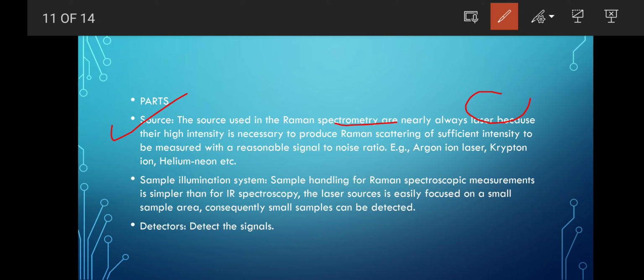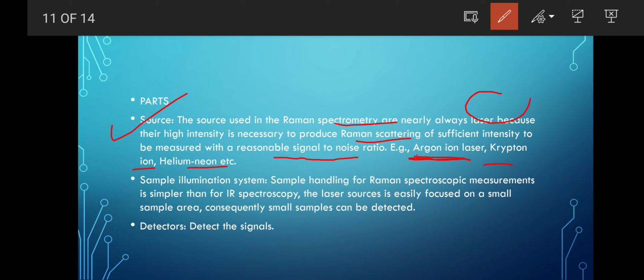This high energy scattering is necessary, or more important, in Raman spectroscopy. It can be measured with reasonable signal to noise ratio. Argon ion laser is one example, krypton ion laser, then helium neon.